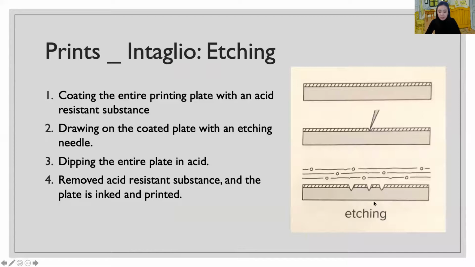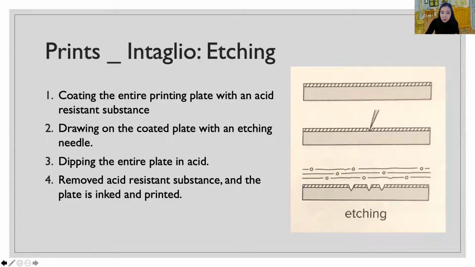So the next intaglio printing technique is etching. Etching is done with acid that eats lines and depressions into a metal plate, much as sharp tools cut those depressions in the other methods. So the difference between drypoint and etching is the acid.